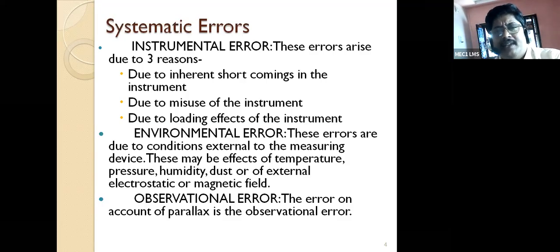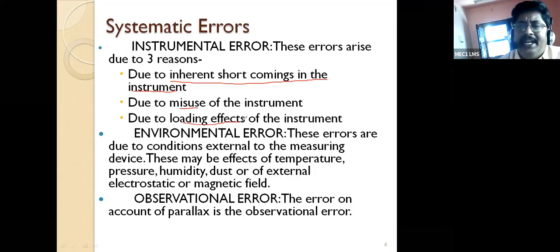The instrumental error occurs due to three reasons. One is due to inherent shortcomings in the instrument, another is due to misuse of the instruments, and another is due to loading effects of the instruments.